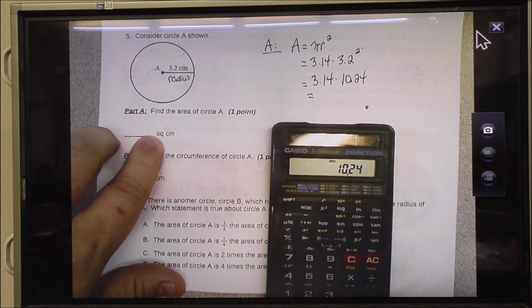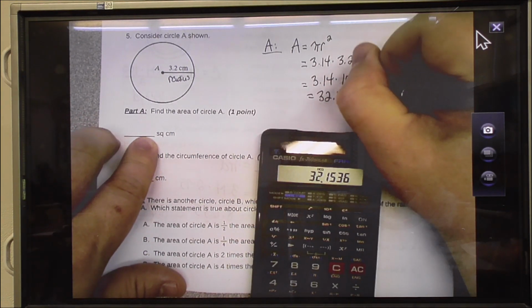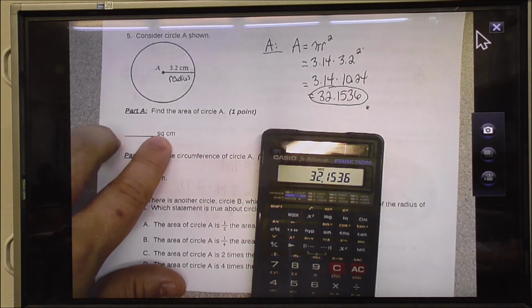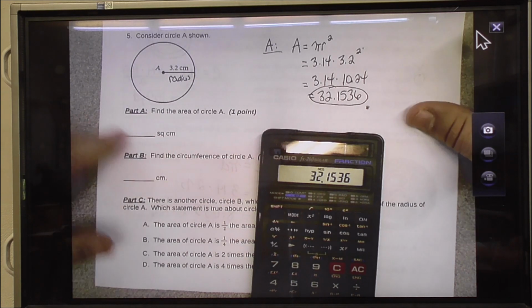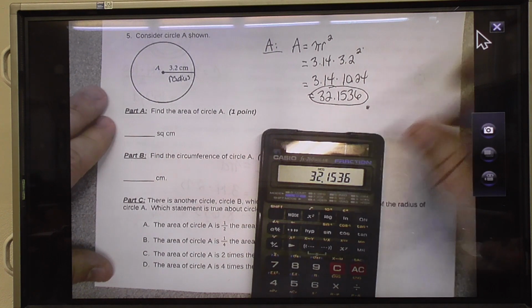I'm going to take that 10.24, multiply it times pi, and I get 32.1536. And that is my area for this circle. That will go in the blank, obviously. I got this whole problem.